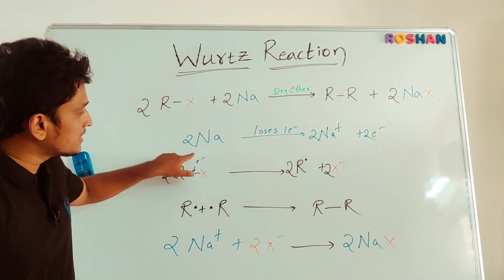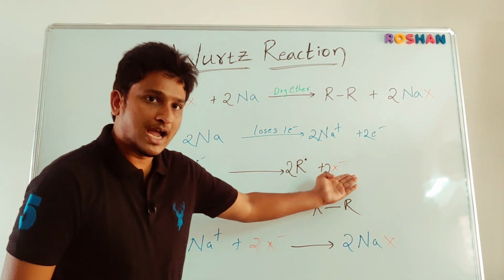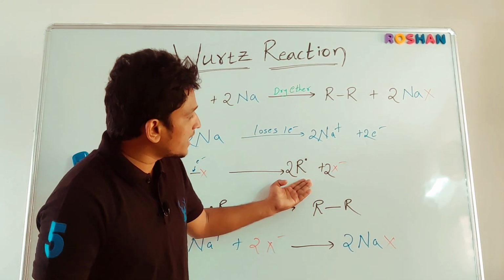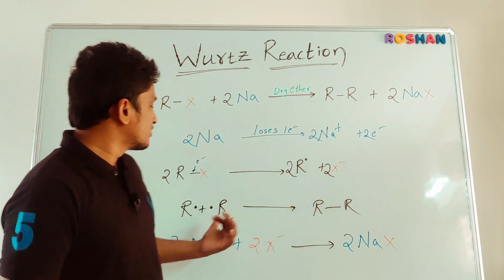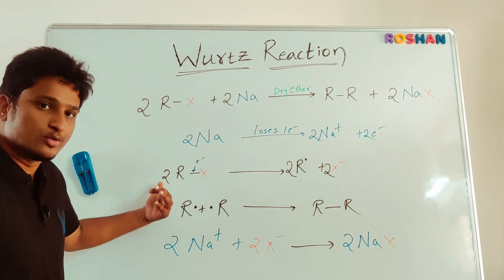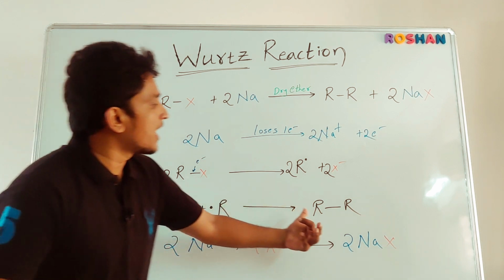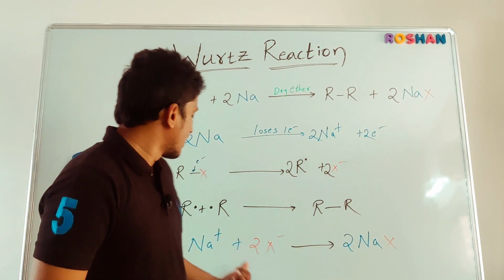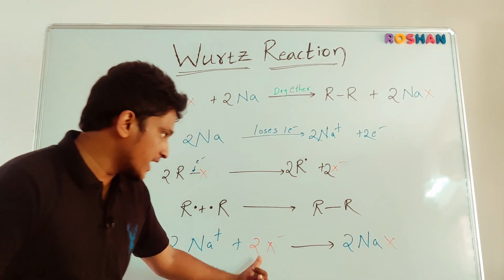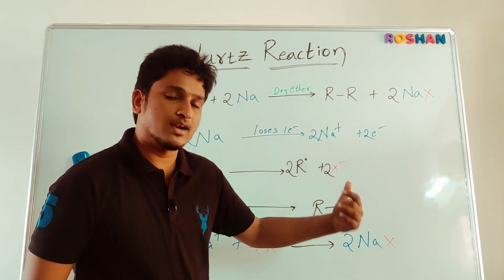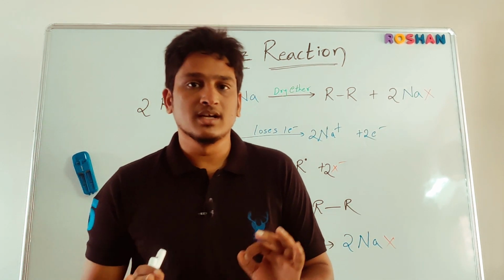The electron is gained by the halogen, which becomes a halide ion, and the alkyl becomes an alkyl free radical. These 2 moles of alkyl free radicals combine and produce an alkane, and the sodium ion combines with the halide ion to produce sodium halide.